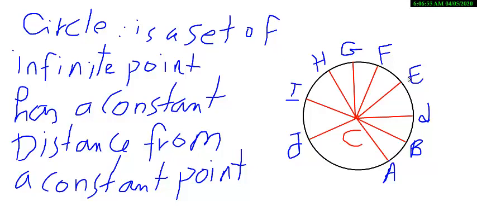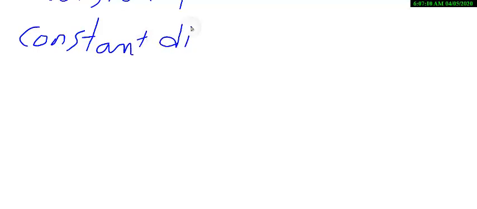In this case, the constant distance has a specific name and the constant point has a specific name. So I'm gonna illustrate here. The constant distance stands for the radius of the circle, which is r.